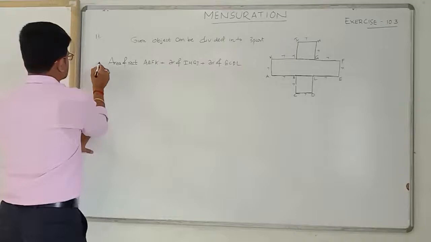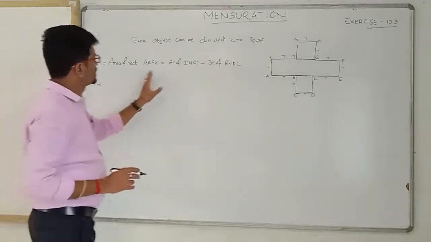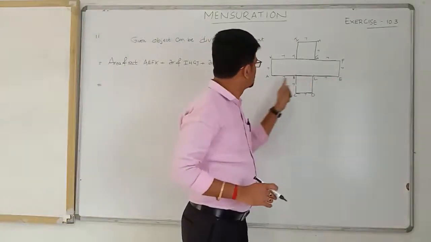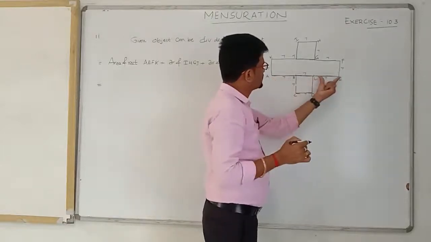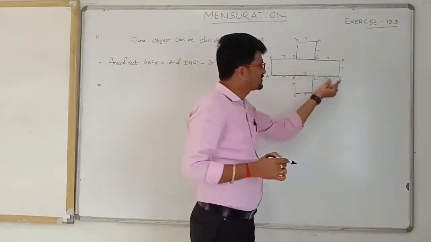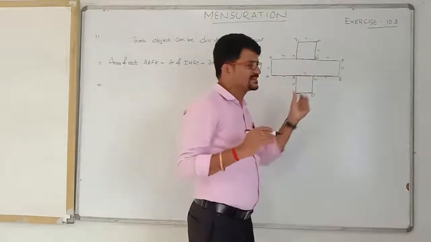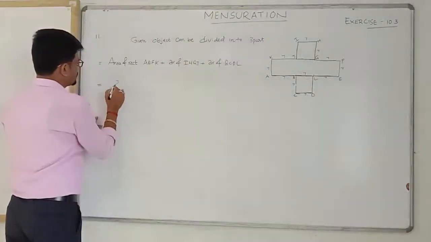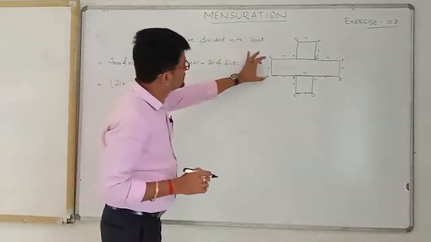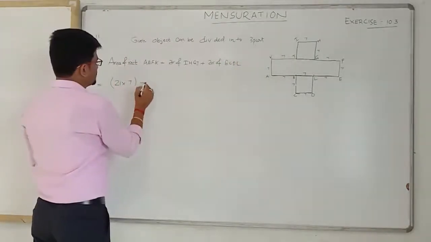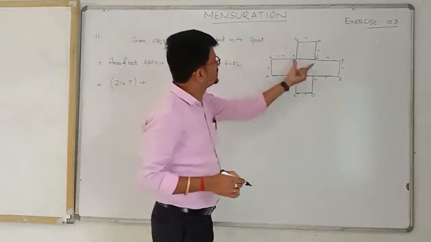That implies the area of rectangle is L into B. L means this much. What is the length? This is 7, this is 7, and this is 7. Total 7 plus 7 plus 7, 21 centimeters will become the length. So 21 into breadth 7. This breadth is 7, and the remaining here length 7, breadth 7.